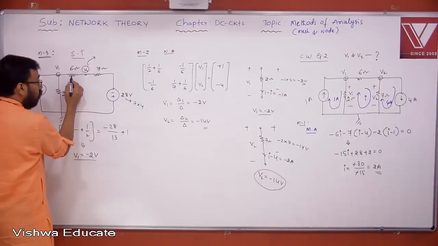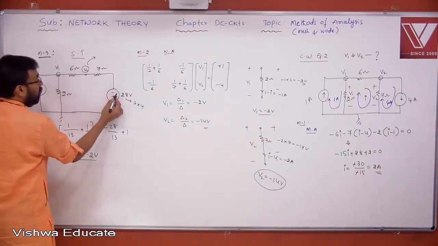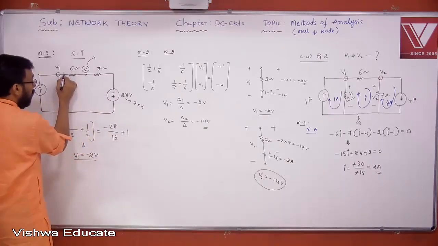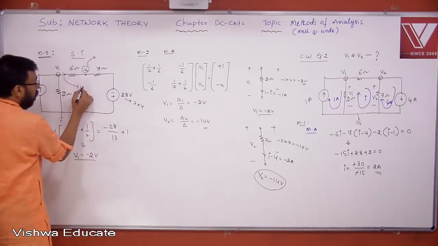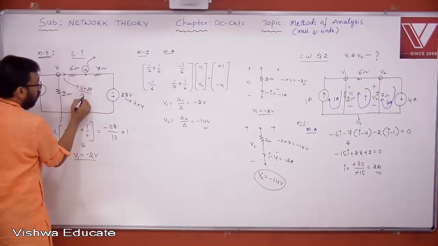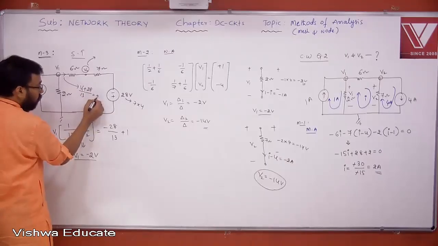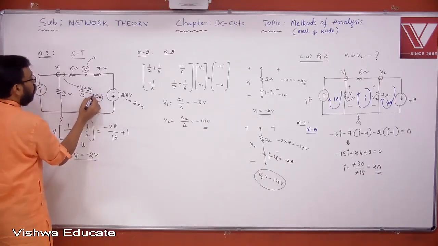Yes or no? To know the voltage, I must know the current. What is the current? V1 plus 28 by 13. Look at this current. But what is V1 actually here? Minus 2 plus 28, 26 by 13. That means 2 amperes. Now 2 amperes.